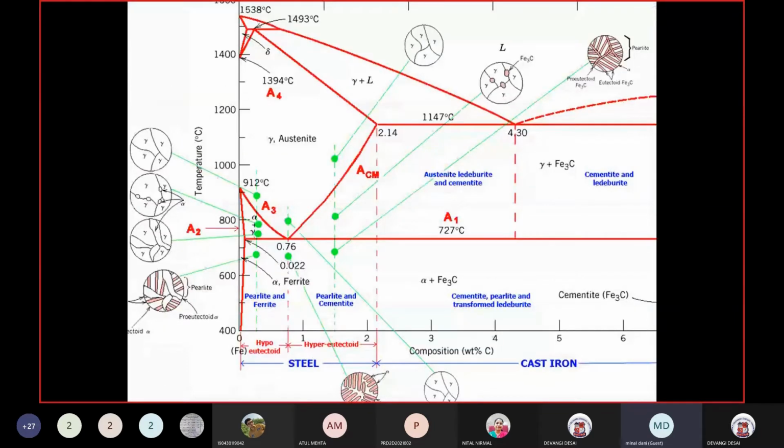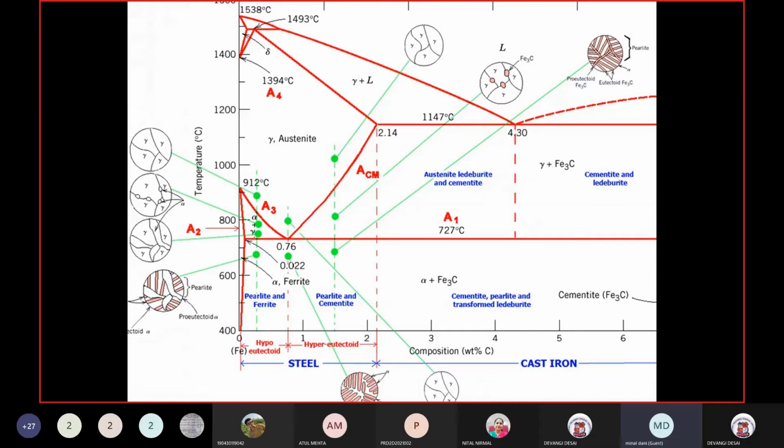Right now we are talking about the iron carbide diagram. Some students who are interested, I will share this presentation also. If you are a manufacturer of any kind of steel, all the manufacturers are using this diagram, or keeping this diagram in mind, and according to that they are manufacturing varieties of steel.